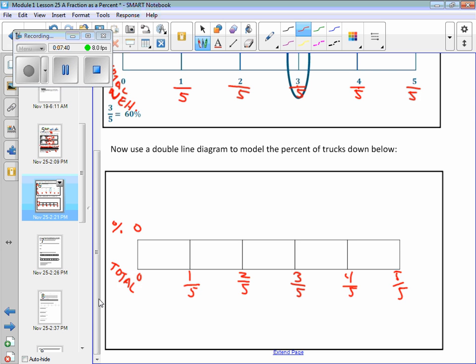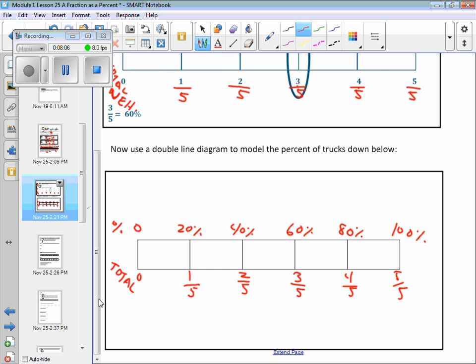So that's kind of what we did. We took our whole and we broke it up into fifths. Now, if we break up 100% into fifths, 1/5 of 100 is 20%. 2/5 is 40%. 60%. And 80%.